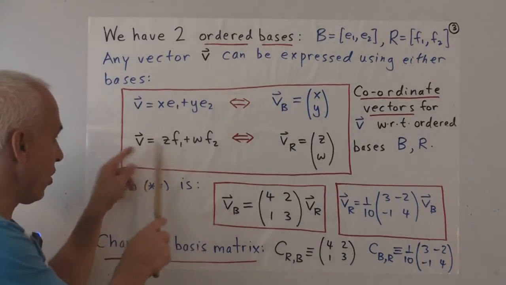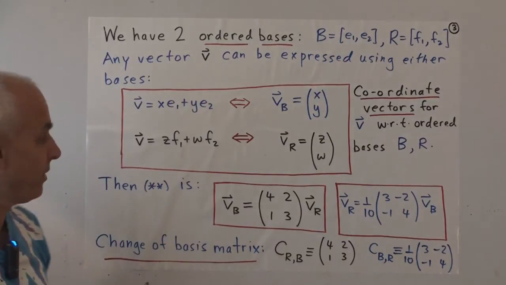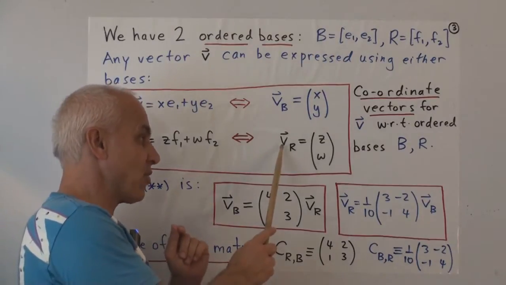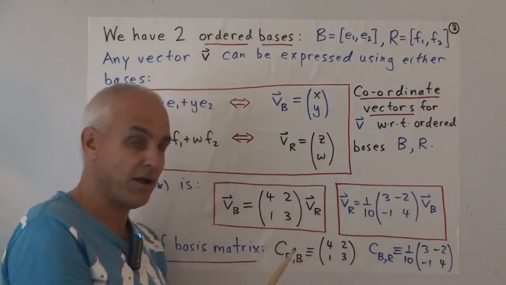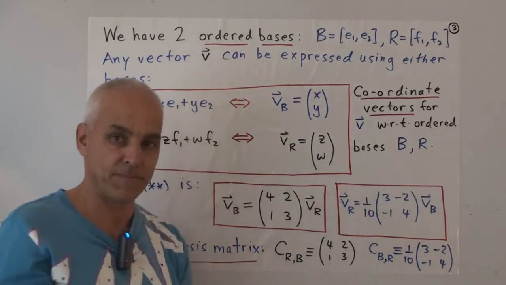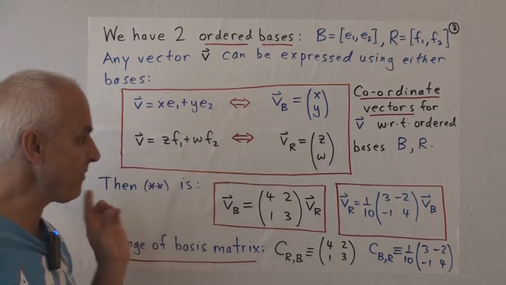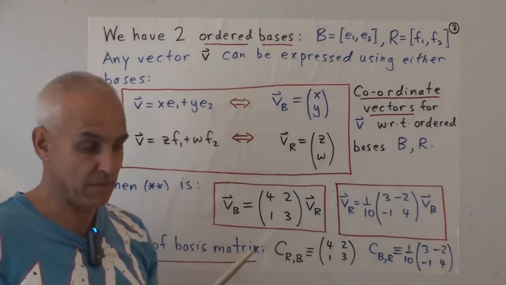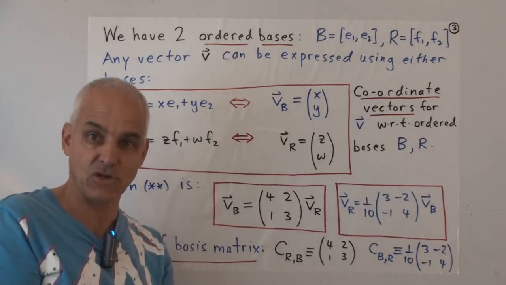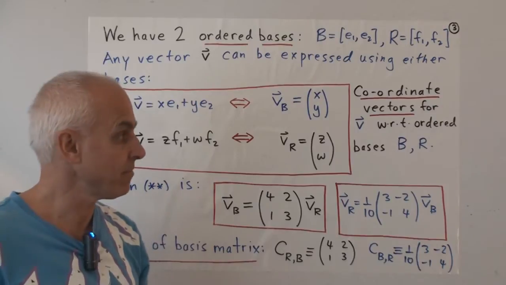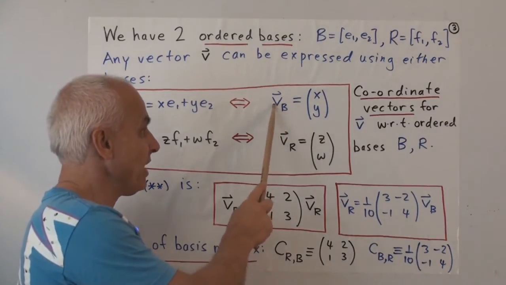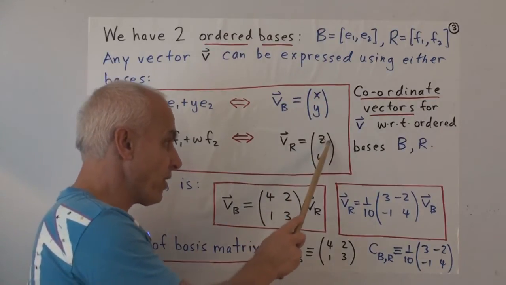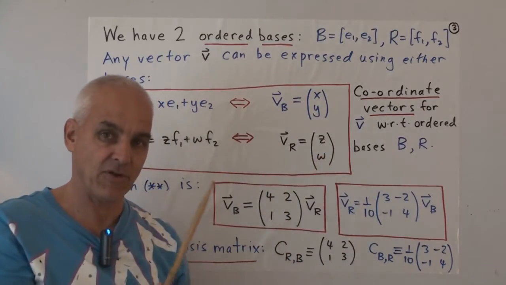And that same vector could also be written in terms of f1 and f2 with different coefficients, say z and w. Then we would say that the coordinate vector of v with respect to r is the vector z, w. So the same vector v can be represented in different ways depending on the basis that you choose to set up your system. V sub b is the coordinate vector of v with respect to the basis b. V sub r is the coordinate vector of v with respect to the basis r.